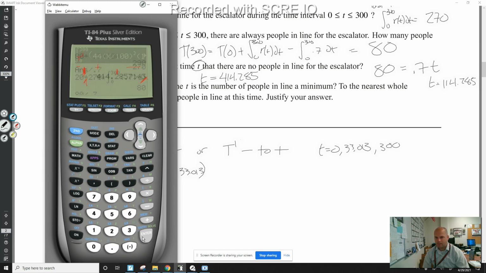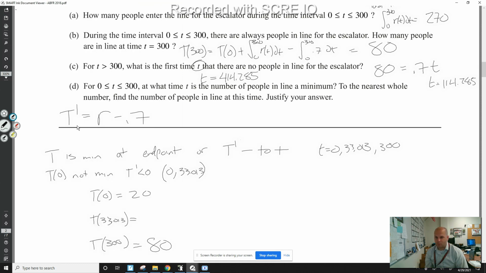So I'm adding that at that 33 number, making sure you're using the entire decimal. 20 minus that plus that is the same as the initial minus total out plus total in. Yeah, 3.803. I knew this has to be the winner.